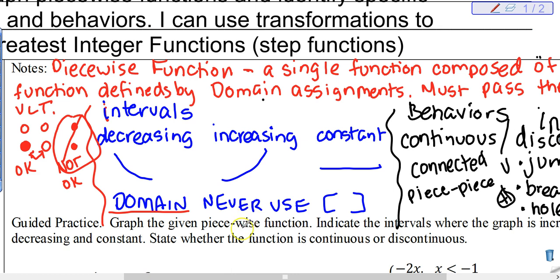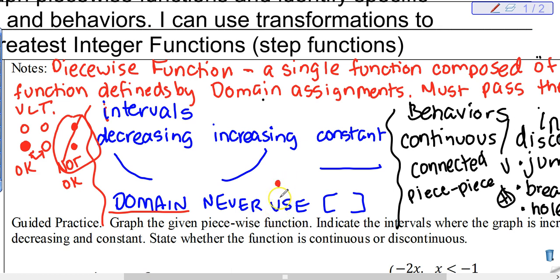And also, crucial that you understand when we are defining intervals of increasing, decreasing, or constant, that we do not use brackets on our intervals, because a point like this is not increasing, it's not decreasing, and it's not constant. It's just a point.